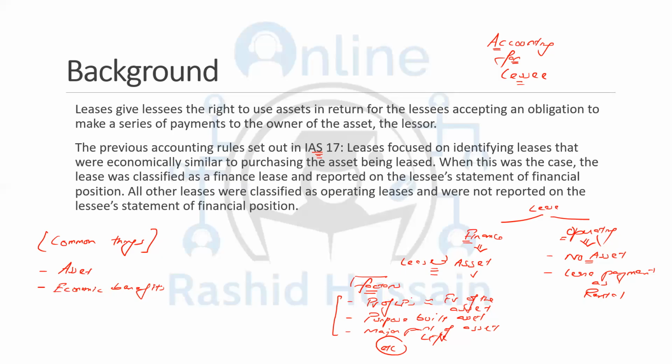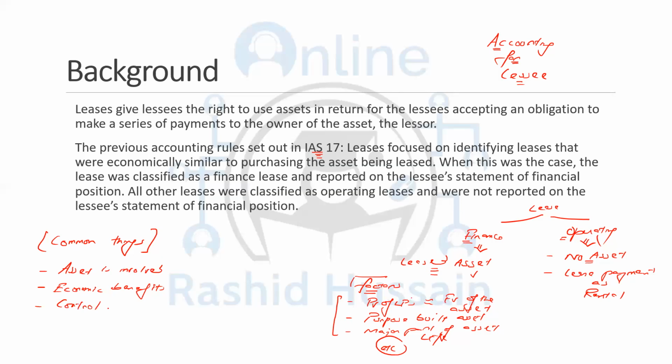Even in the operating lease, the lessee is using the asset, and the economic benefit belongs to the lessee. So the asset is involved in both of the leases. Economic benefit, then control within that lease period.